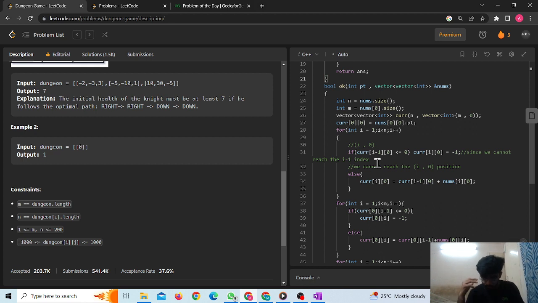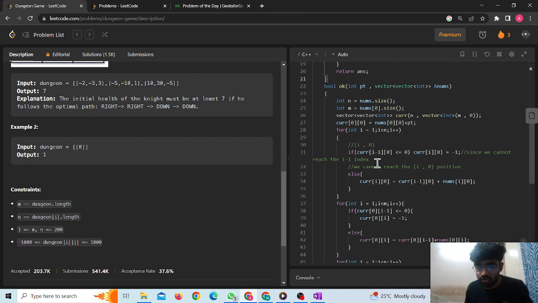If nums of 0 comma 0 has some value, suppose 2, the final health of the knight will increase. However, if nums of 0 comma 0 is negative, the health will decrease. Now we will simply fill the first row and the first column.